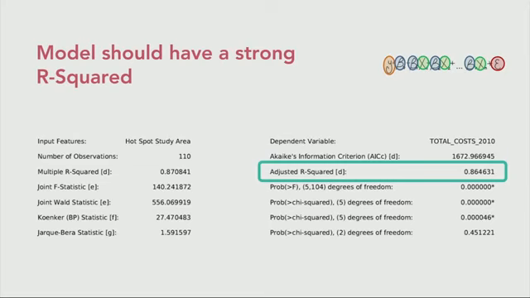And then also our model should have a strong R-squared. Honestly, this is probably the diagnostic that we all check first. It's probably the most exciting one. But the truth is, if you haven't checked all of the other diagnostics and all of those other assumptions, we can't really trust a model, right?